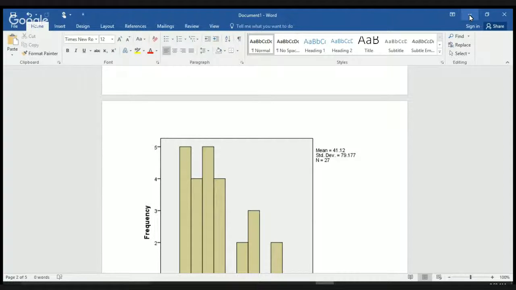Okay, so we want to look at the bird flu data. Where is the bird flu data? That's in the reading. Yes. Here we go.